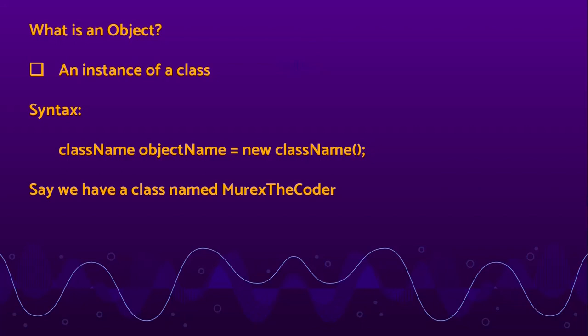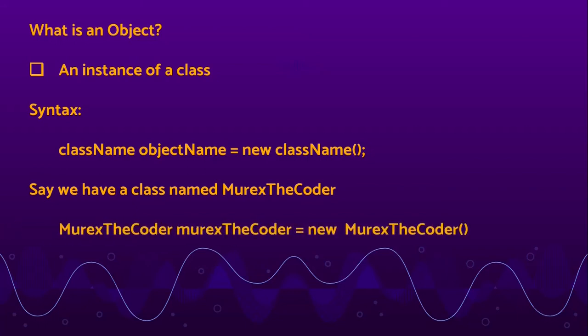Cool. So say we have a class named MorexTheCoder. How would we create an object of that class? Following what we have, we start with the class name, MorexTheCoder, and then as I mentioned, you can just convert it to lowercase. In this case, if I just convert the M to lowercase, then that is different from my class name, so my compiler will know that I'm not referring to the class, but I'm just naming my object, using the variable naming rules that we have.